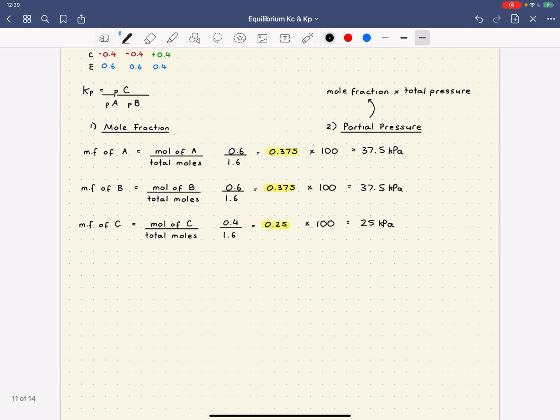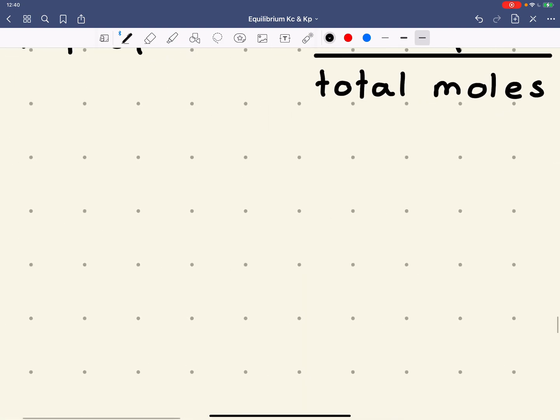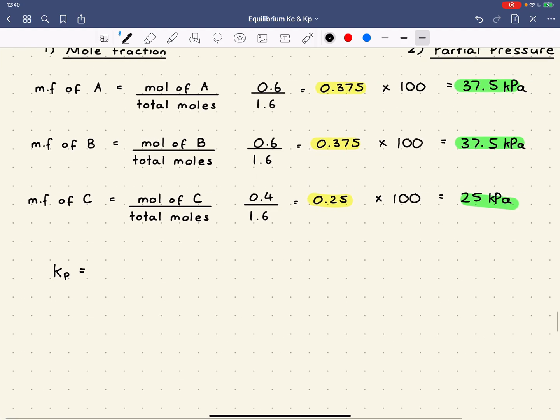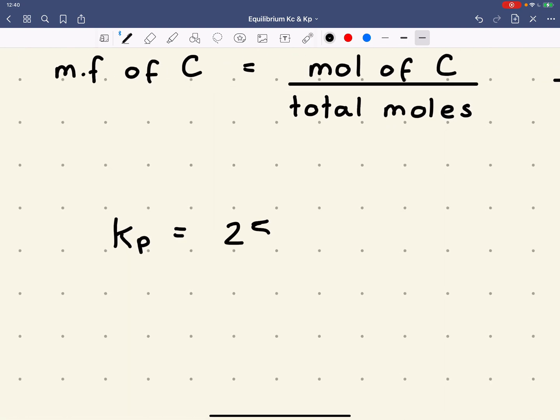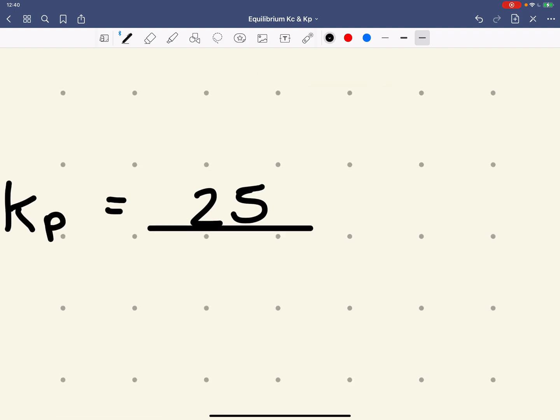And then it's a case now that these partial pressures are the things that can be plugged into your Kp expression. So Kp will be equal to partial pressure of C, which is 25, divided by the partial pressure of A times B. Well, they're both 37.5, so 37.5 squared.